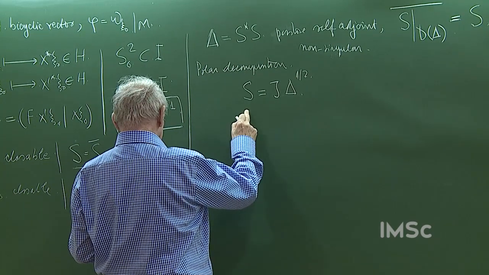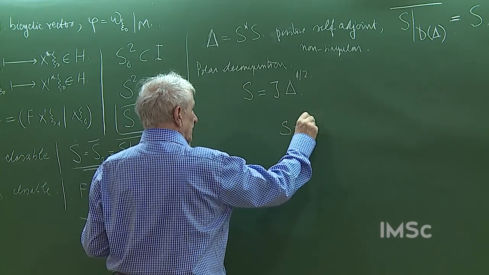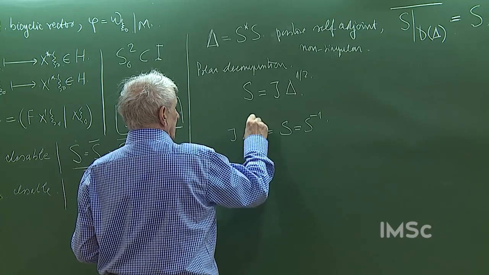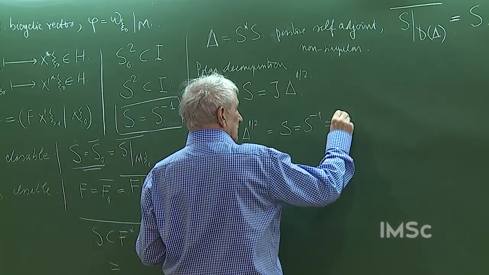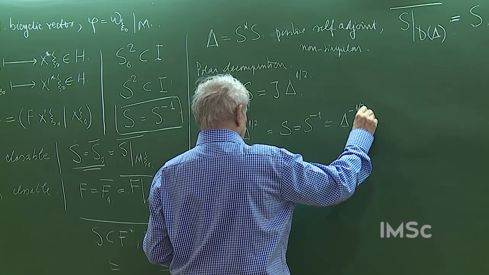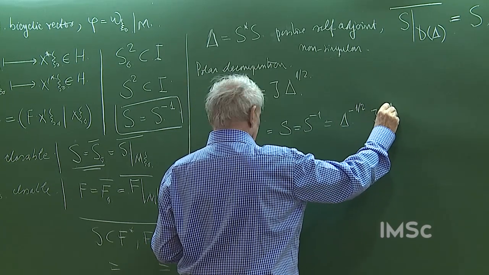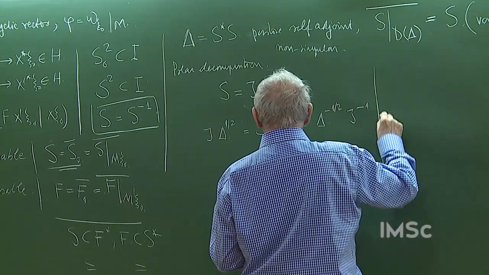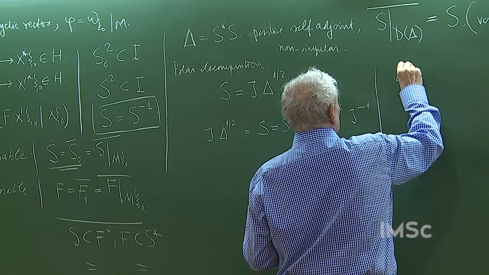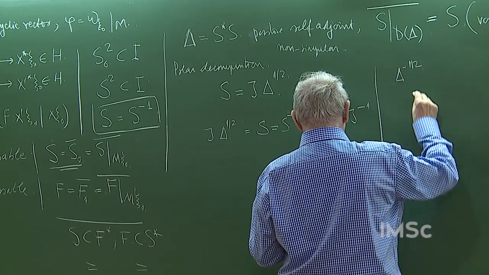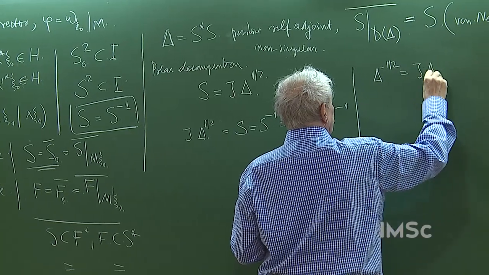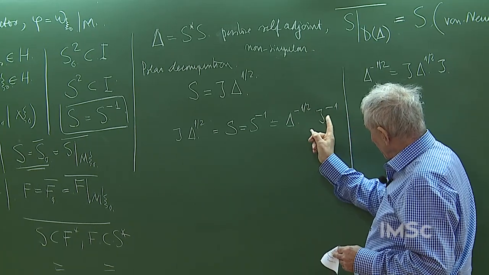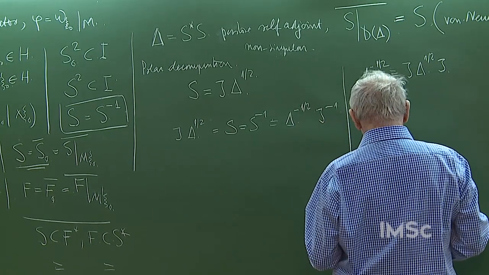Now, once we have this, we have the fact that S is equal to S⁻¹. So S is JΔ^(1/2), and S⁻¹ is equal to Δ^(-1/2)J⁻¹. From this, we get that Δ^(-1/2) is equal to JΔ^(1/2)J. We just put the J from here over to here.